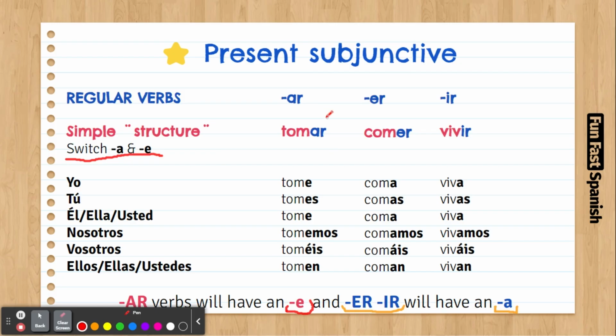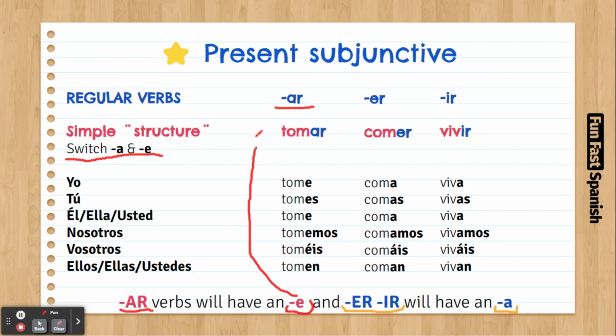The first one is the verb tomar, which is an AR verb. Therefore, we are going to do this switch. We are going to use an E. So instead of yo tomo, you say yo tome. You put the E. Tú tomes, él tome, nosotros tomemos, vosotros toméis, ellos tomen.